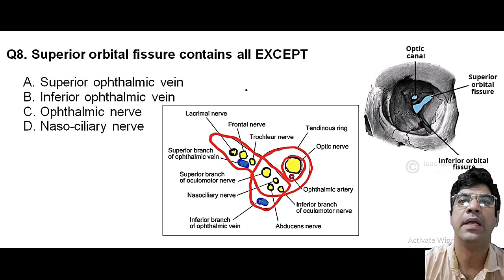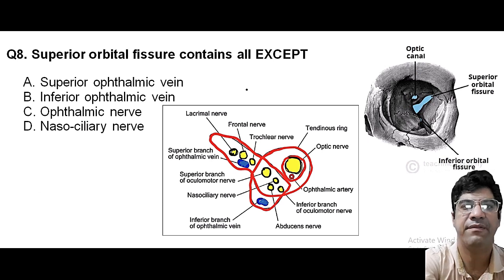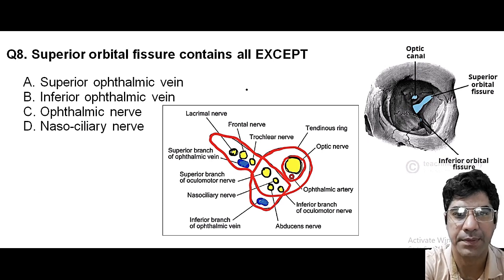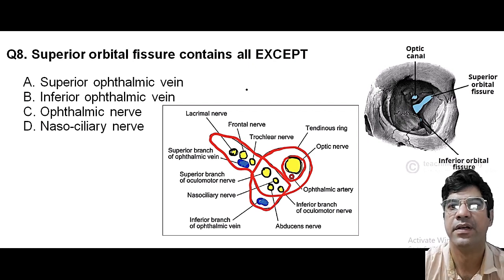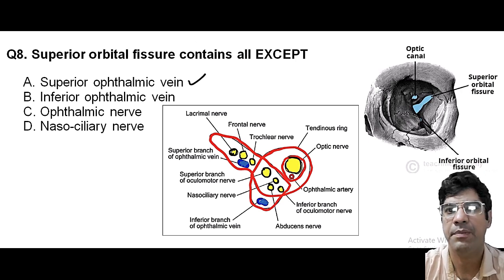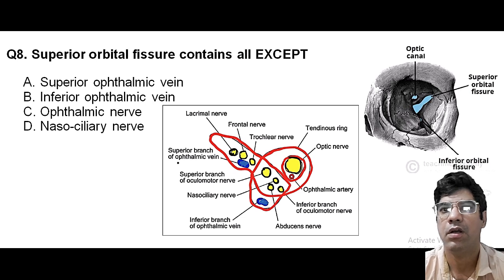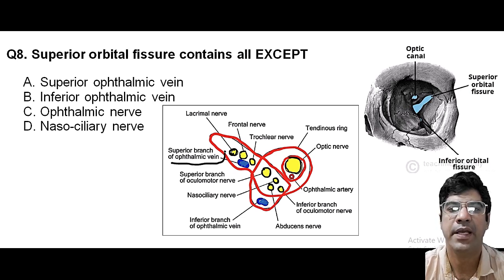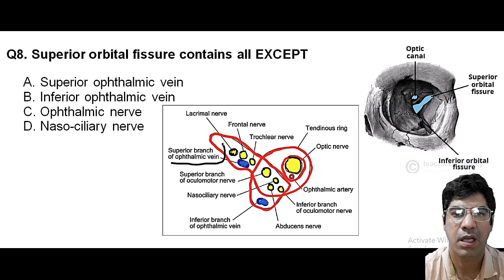Superior orbital fissure, it contains all except... So answer is ophthalmic nerve. Option A is superior ophthalmic vein. The superior orbital fissure does transmit the superior ophthalmic vein.